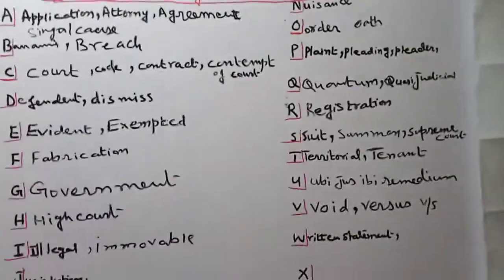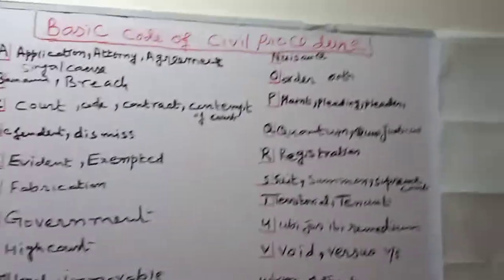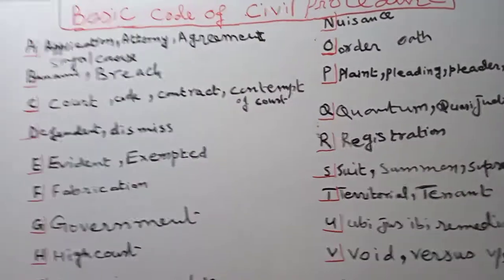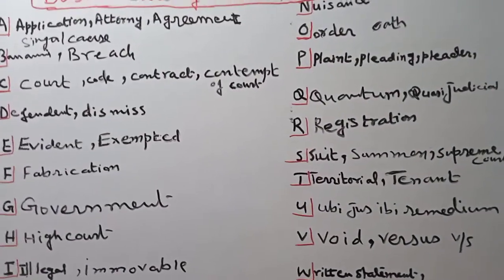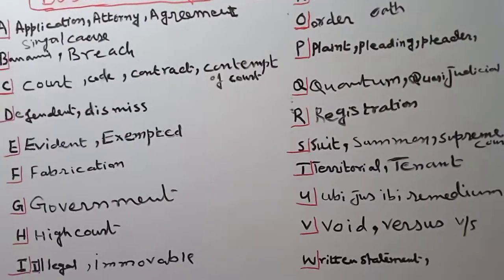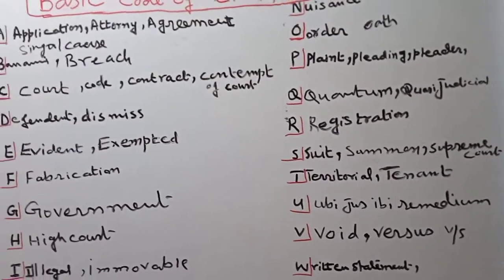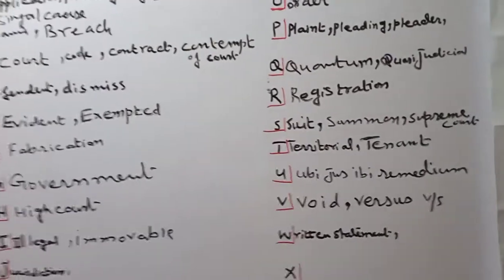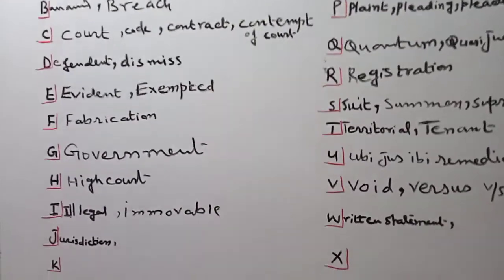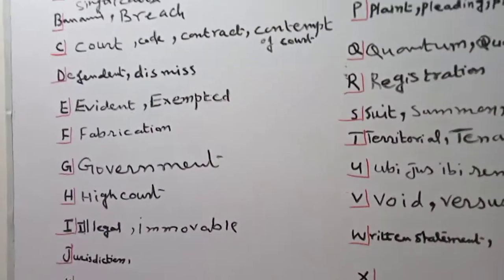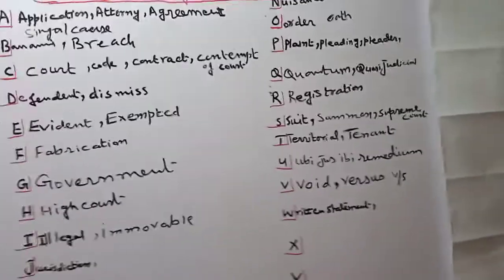In civil proceeding, every proceeding starts with plaint, and which becomes suit, of course. So if you are in the middle and you are going to ask for some remedy, you will file an application, because the plaint has already been filed and it becomes suit.